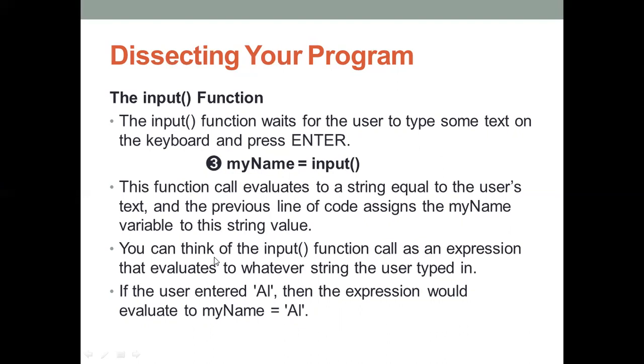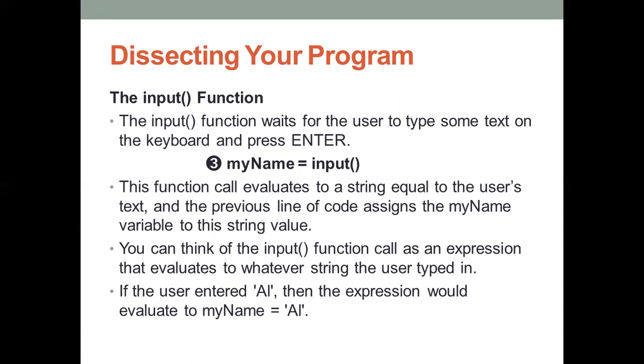So you can think of the input function call as an expression that evaluates to whatever string the user types in. Here you can enter not only a single value, you can also enter expression-type values. Those expressions are first evaluated and then stored inside that variable.